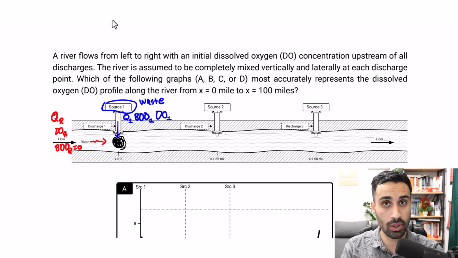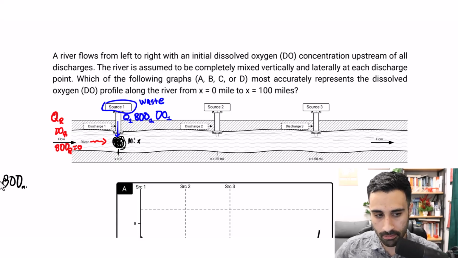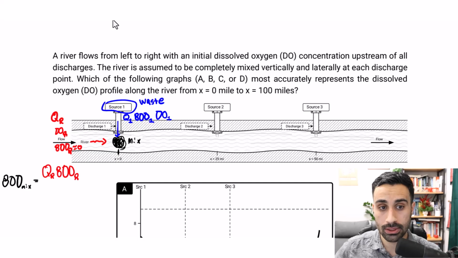The formula is what? This was covered before in a different video. We can find the BOD at source 1 here, where they mix. BOD of the mix equals, let's plug this in simply, the Q for the river times the BOD for the river, plus Q1, Q for source 1, times the BOD for source 1.